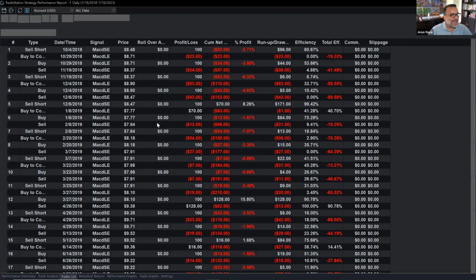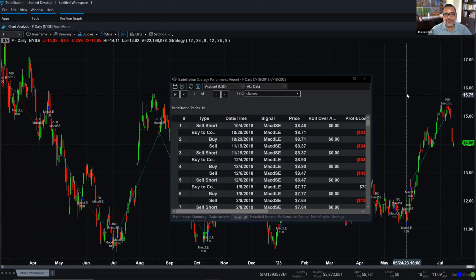So you can just imagine, back in the year 2018, Ford was $8. How much is Ford right now? It's $14. So it's a cheap stock, and that's why the profits and losses are not as big. It's because of the quantity of shares we're trading. With 100 shares, the stock would have to move $1 for you to make $100, right?